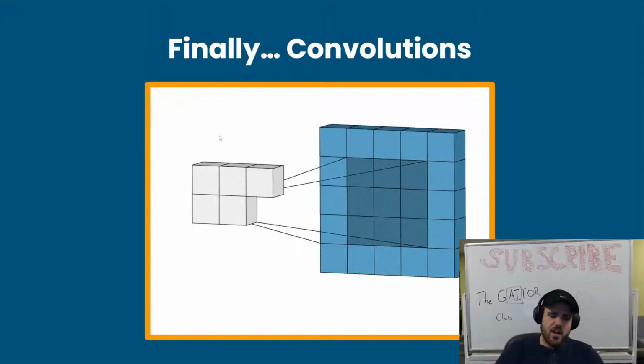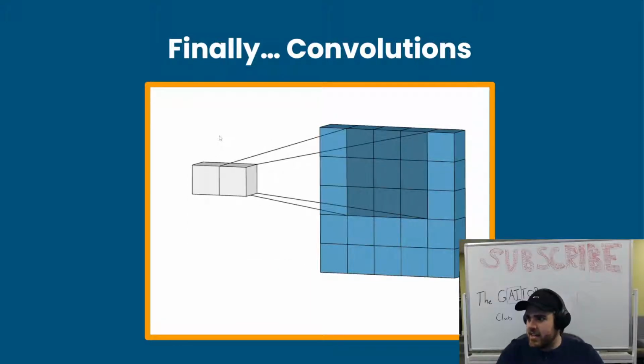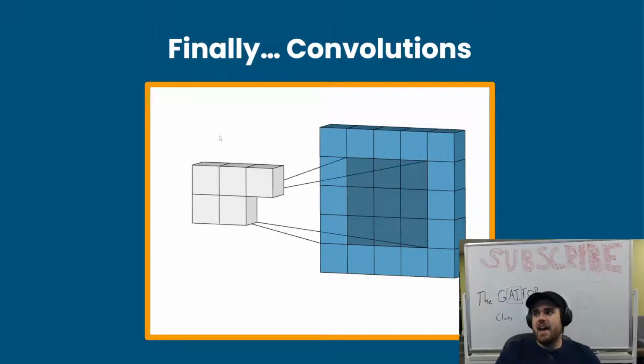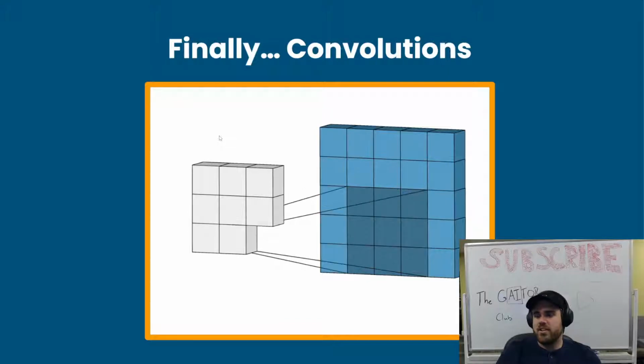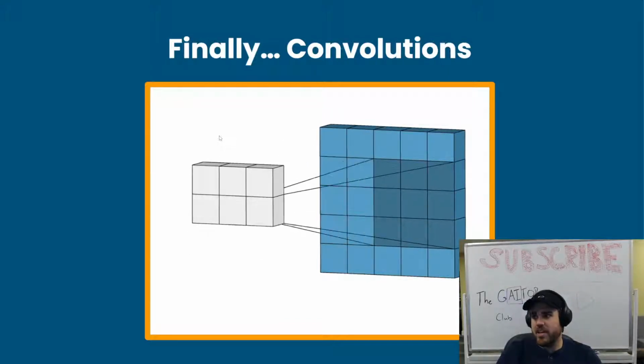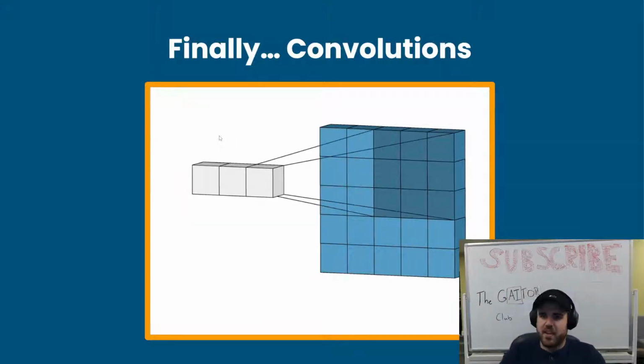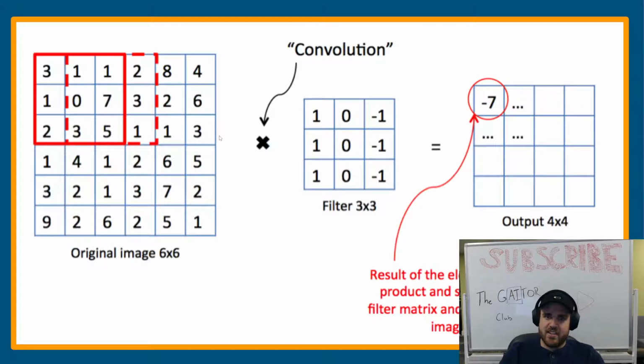If that's changing an image from black to white, that's technically a convolution. If it's adding more white, more hue, more saturation, those are all convolutions. They change the way the image looks in a uniform manner. That's basically what a convolution is.